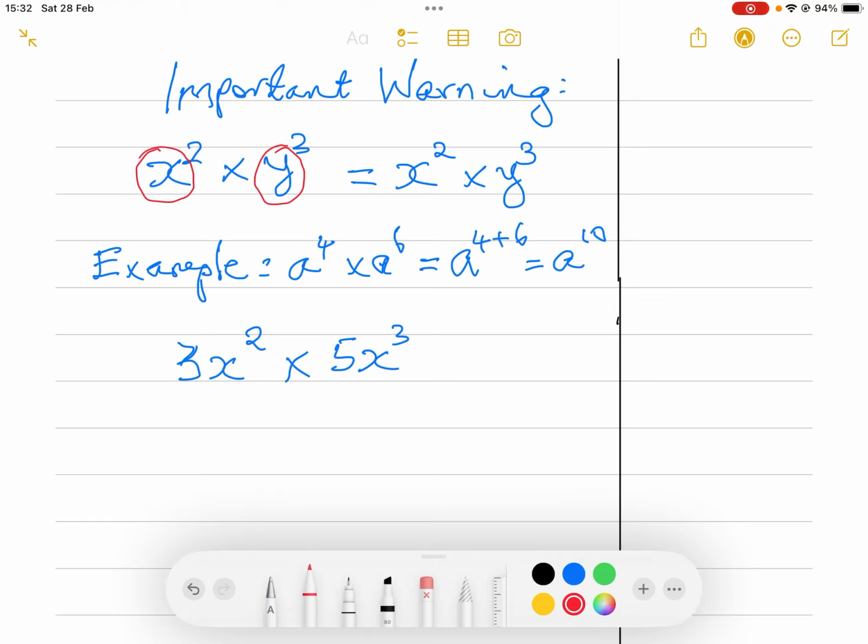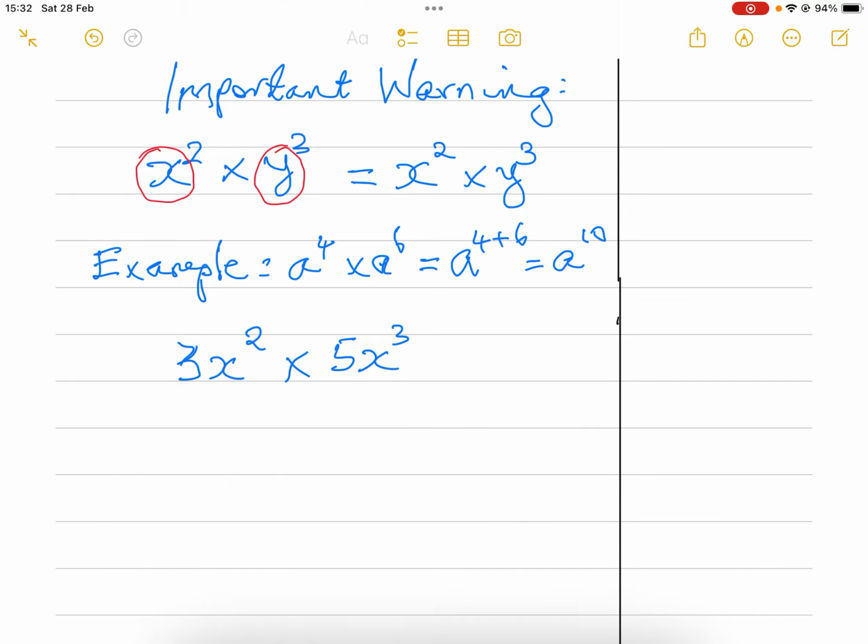You will multiply the coefficients, the numbers, multiply them normally. By coefficient, I am referring to 3 and 5.